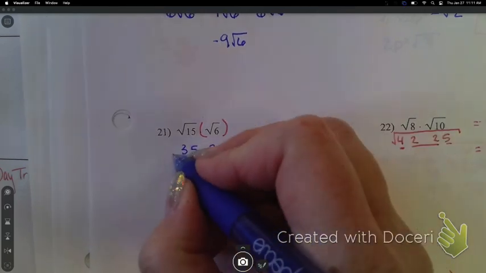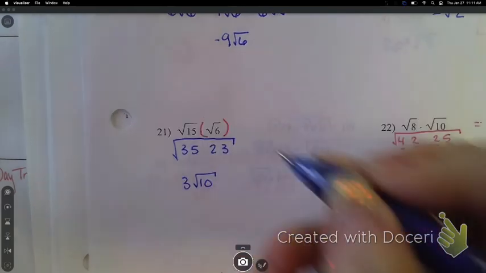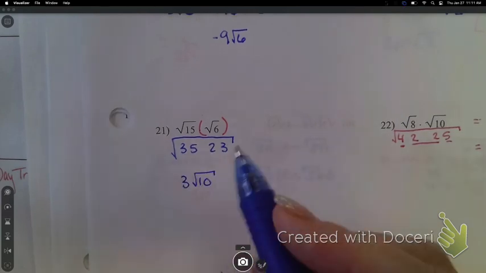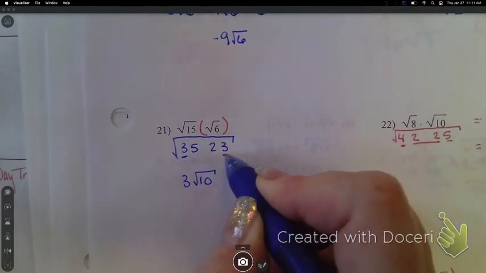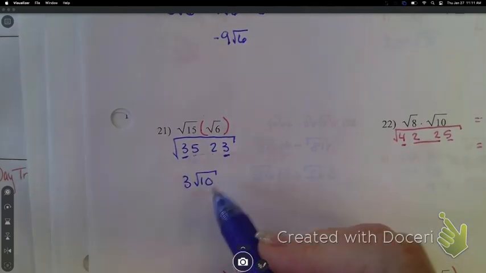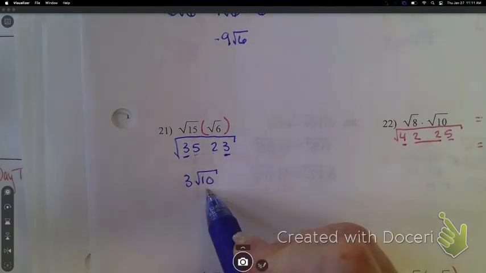So we have a big square root over both. You do not have to multiply out 6 times 15. Don't do it, because then you got a big number you have to break back down. So I have a pair of what? A pair of 3s that come out, and 2 times 5 is 10.